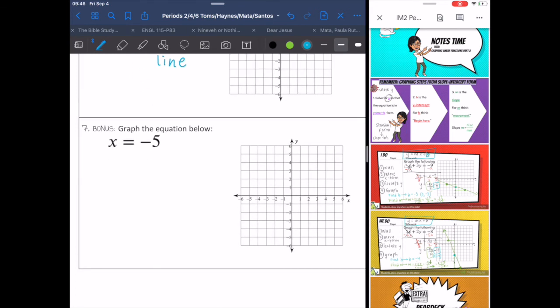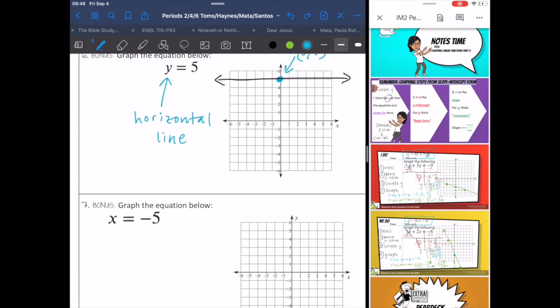And then right here, the same thing, only this is an x equals. So what's the opposite of y? X. Awesome. The opposite of x is indeed y. So what's the opposite of a horizontal line? That's right. It's a, let's draw this.